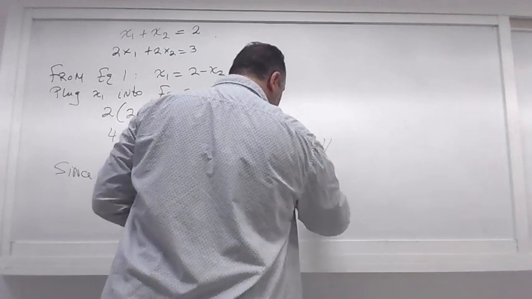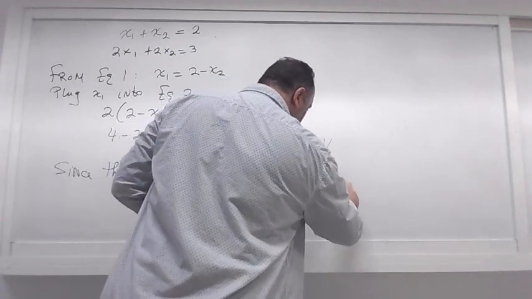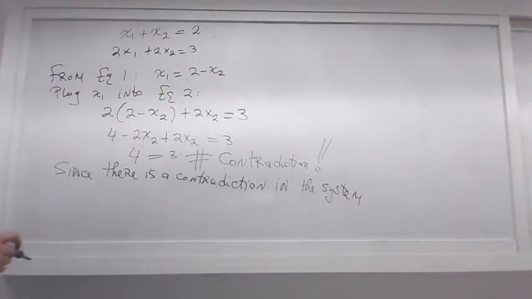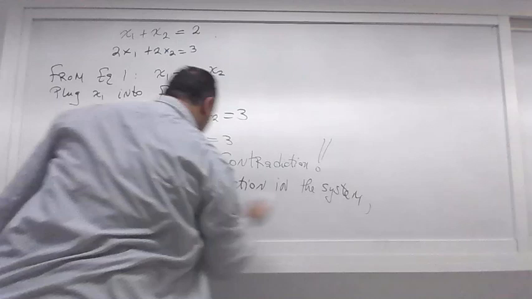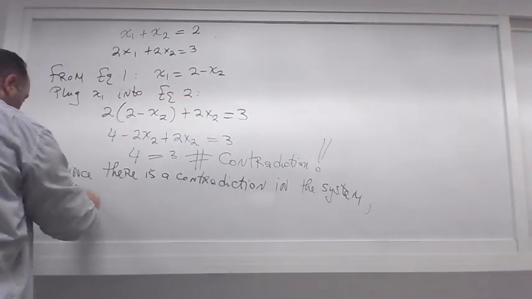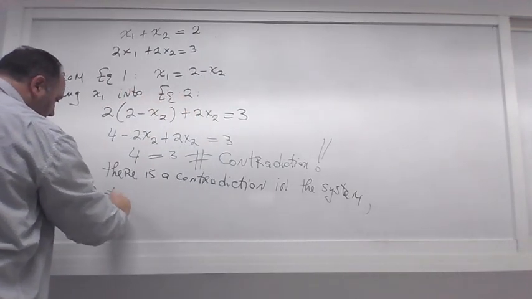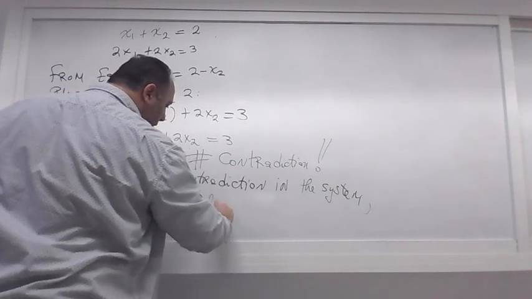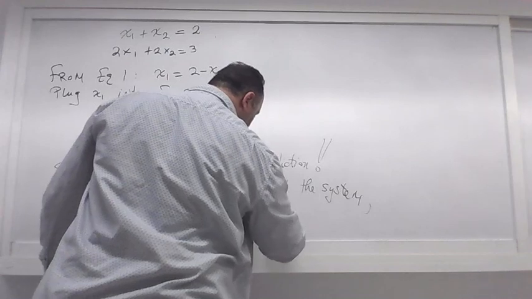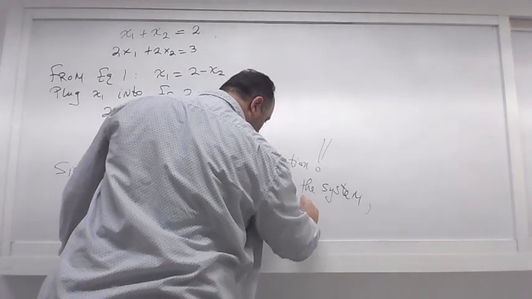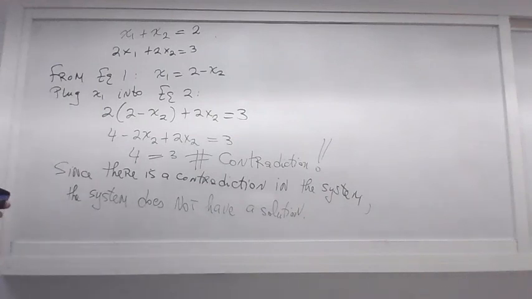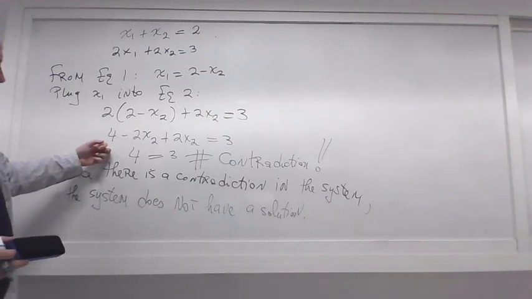So there's a contradiction in the system. That means that these two equations are contradicting each other. The system does not have a solution. Ta-da! So this system doesn't have a solution. So that's what it means when you end up with a contradiction.